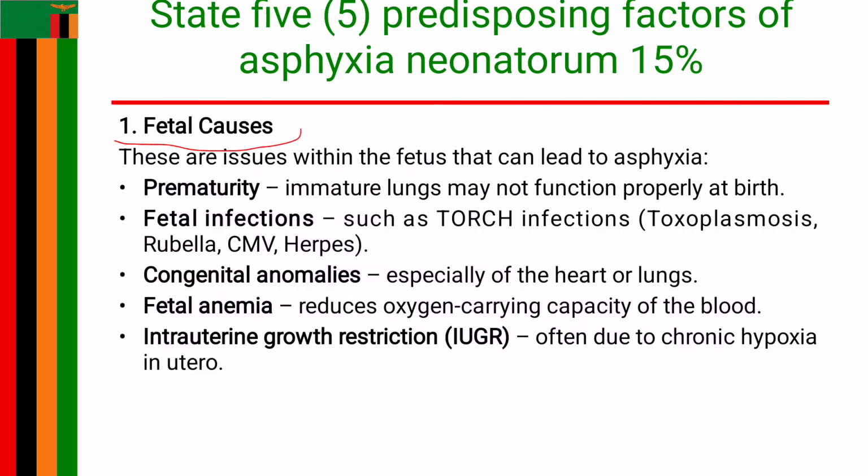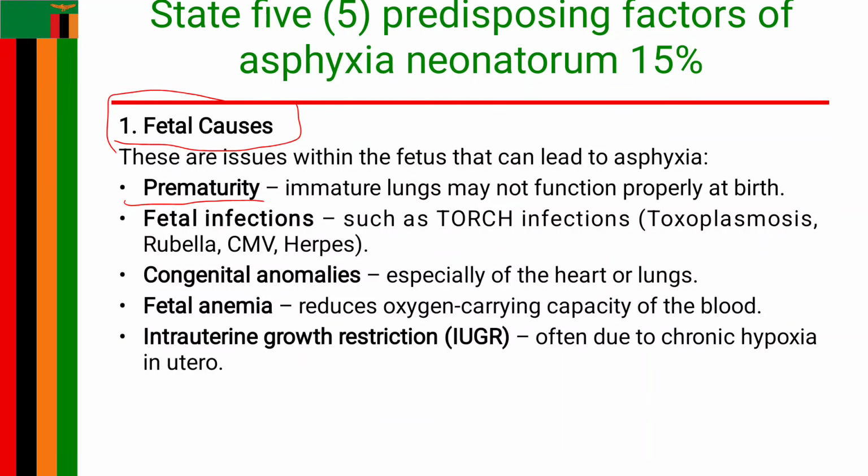The first group is fetal causes of asphyxia. Amongst the fetal causes, we have prematurity itself. Prematurity is a cause because of immature lungs, which may not have adequate surfactant to promote breathing.